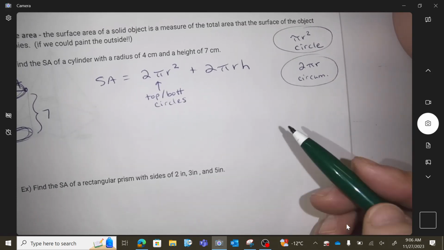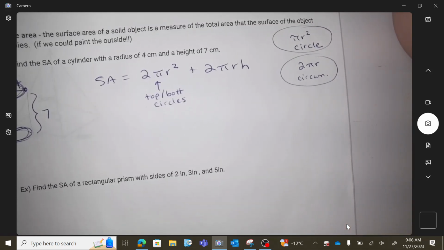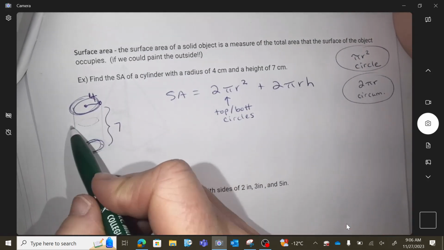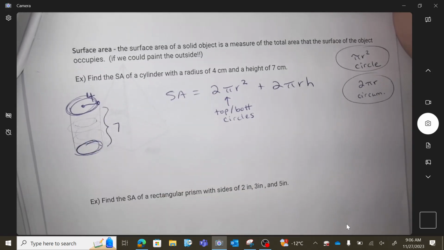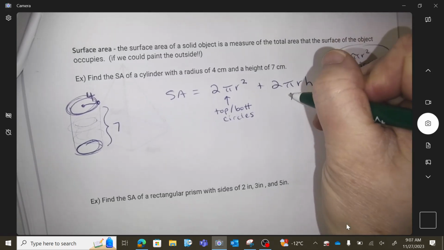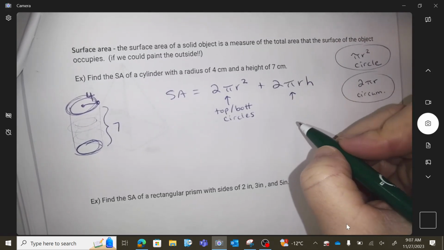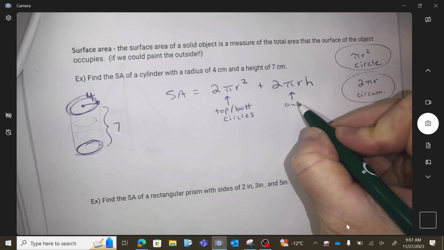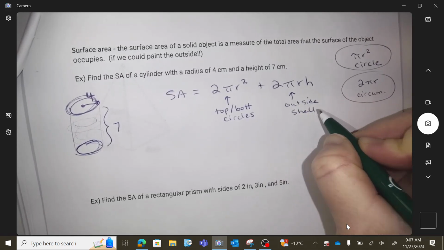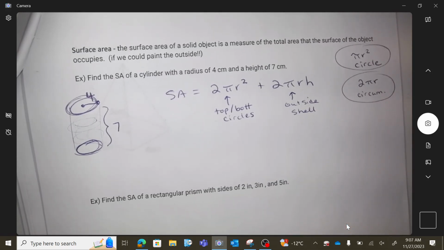So if I do the circumference h amount of times, what part of the shape is that talking about? Can you visualize it? This is a circumference, circumference, circumference the whole time. So it's talking about the, what do we want to call this? Outside shell? Okay, the shell part of the cylinder.